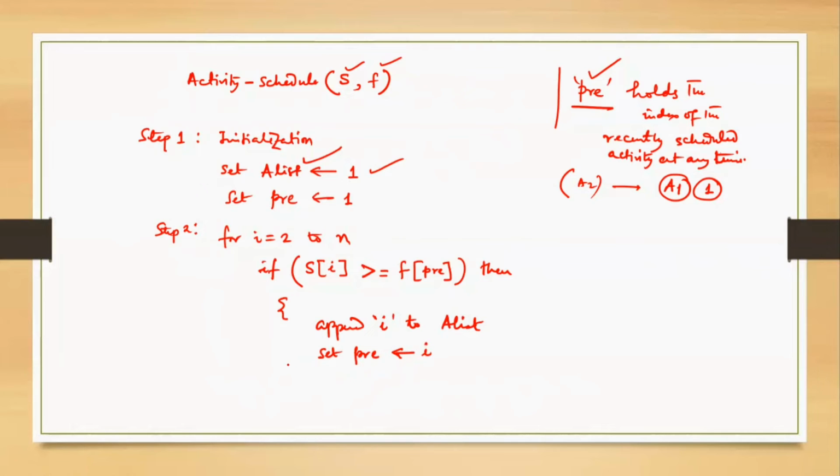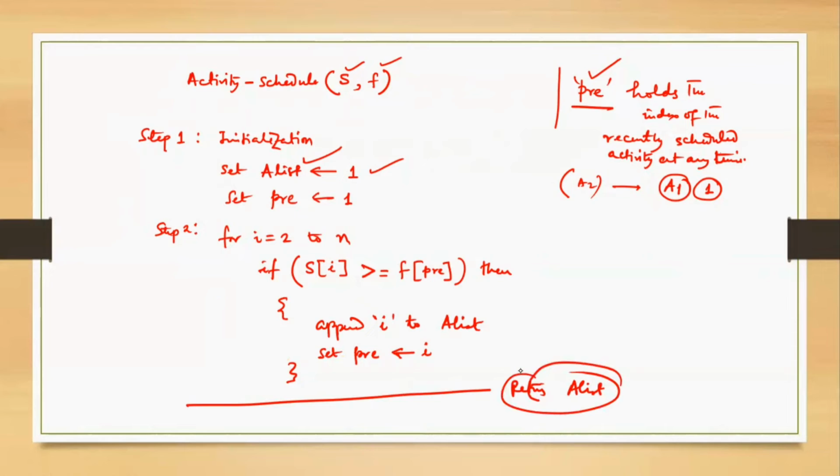In this way, the loop will continue, and the A list will be updated with those activities which are non-interfering. Once the full process is complete, we finally return the A list to show the final result.